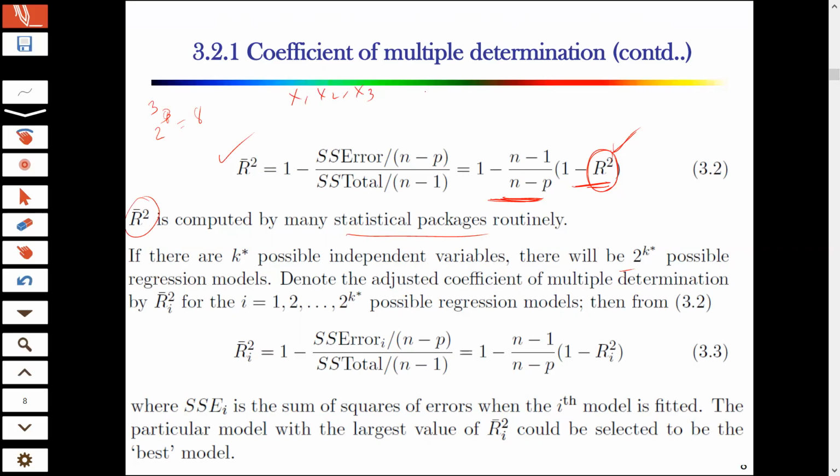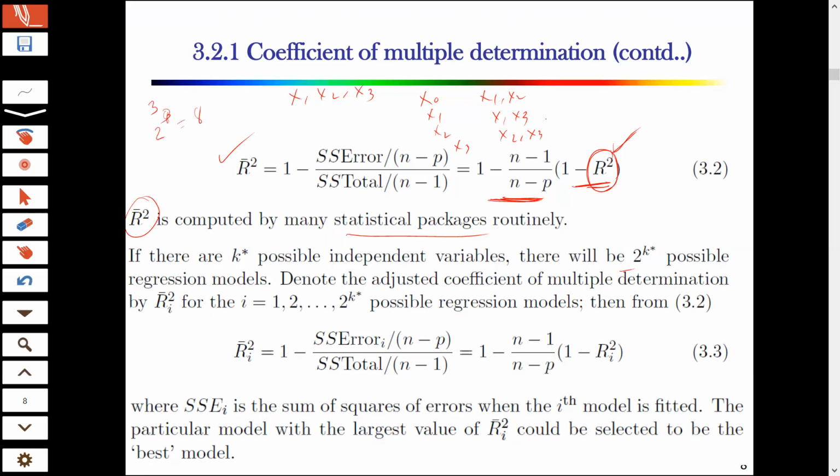That means the first model is only x0, the second model is only x1, the third model is only x2, the fourth model is x3, and the next ones are x1, x2; x1, x3; and x2, x3. So similarly, we will get 8 models: 1, 2, 3, 4, 5, 6, 7, 8.